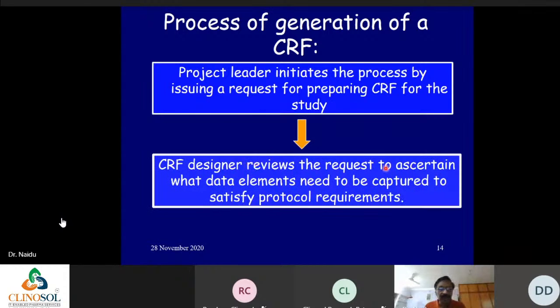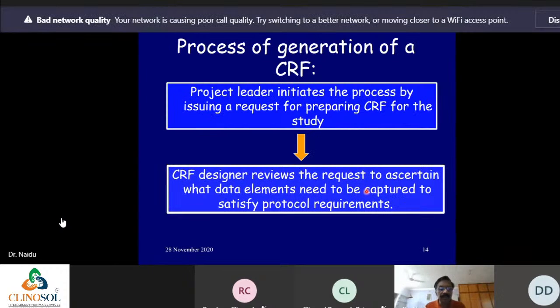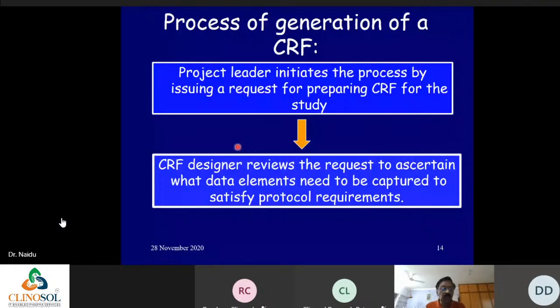Second, the designer reviews the request to ascertain what data elements need to be captured to satisfy the protocol requirement, because he only has the idea that the project leader is asking him to do this study. So he confirms what data elements are required and what types of data have to be included in the case record form.